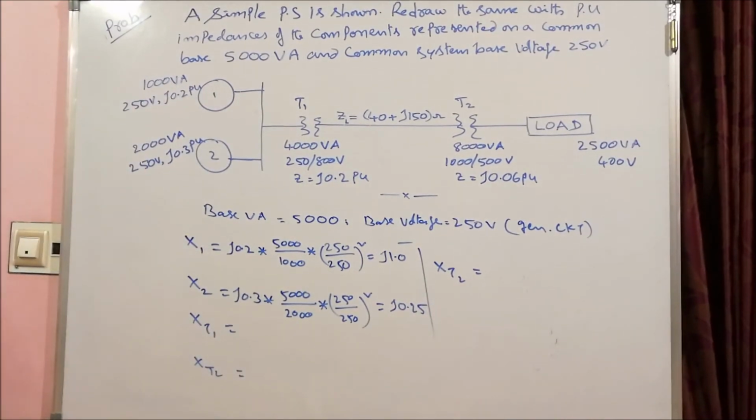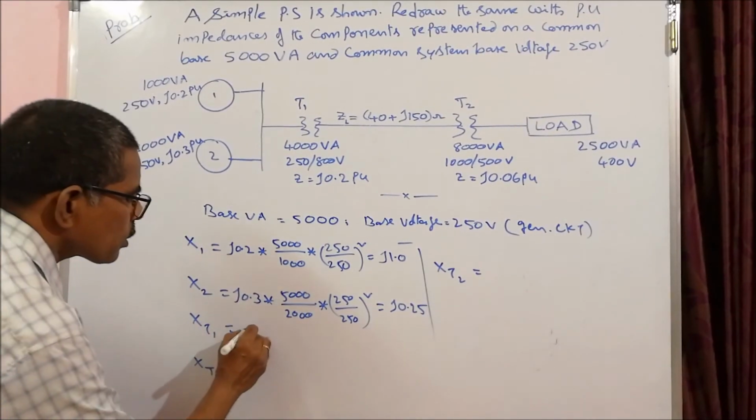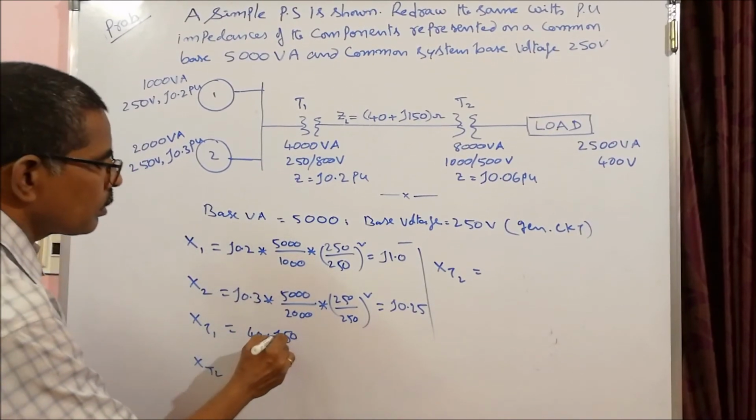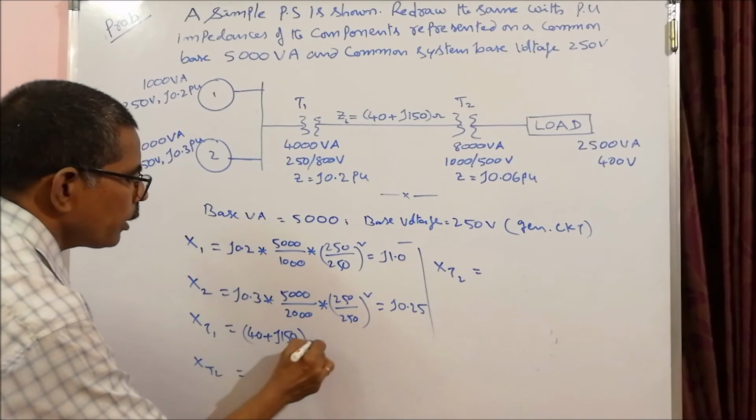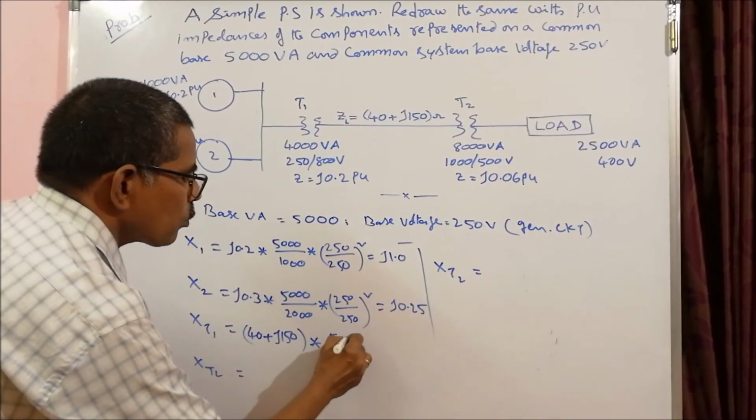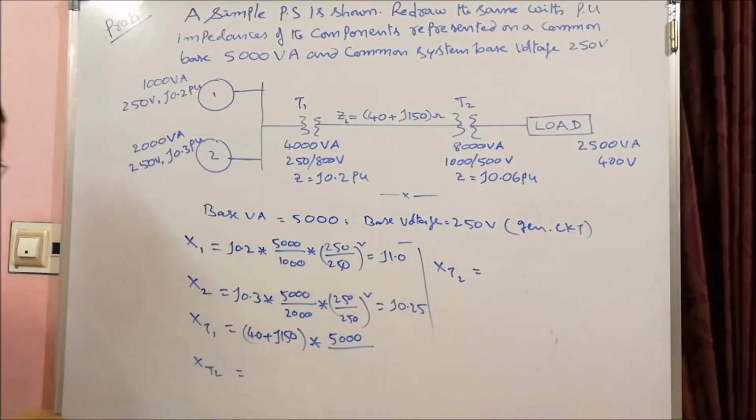The next is the transmission line, 40 plus J150 Z in ohms, times base volt amperes divided by base voltage, 800 squared.